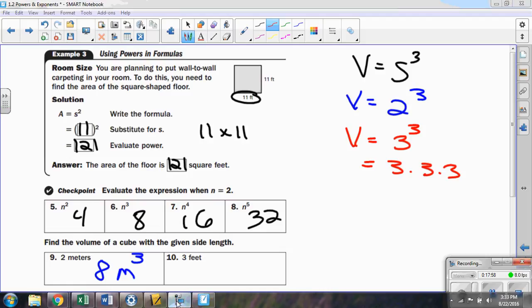Check the stages. 3 times 3 gives you 9. And 9 times 3 gives us 27. So we wind up with 27. And the label is feet, but since it's volume, those feet are cubic. So we could put on the exponent of 3 and say cubic feet.